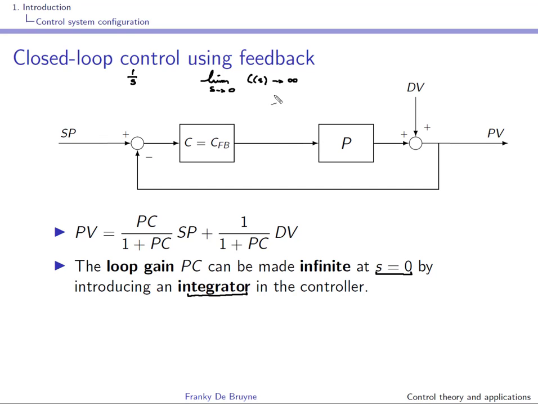So what we'll have here, because of this infinite loop gain at S is equal to 0, is that the static gain of this transfer function is equal to 1, and the static gain of this transfer function is equal to 0, right?